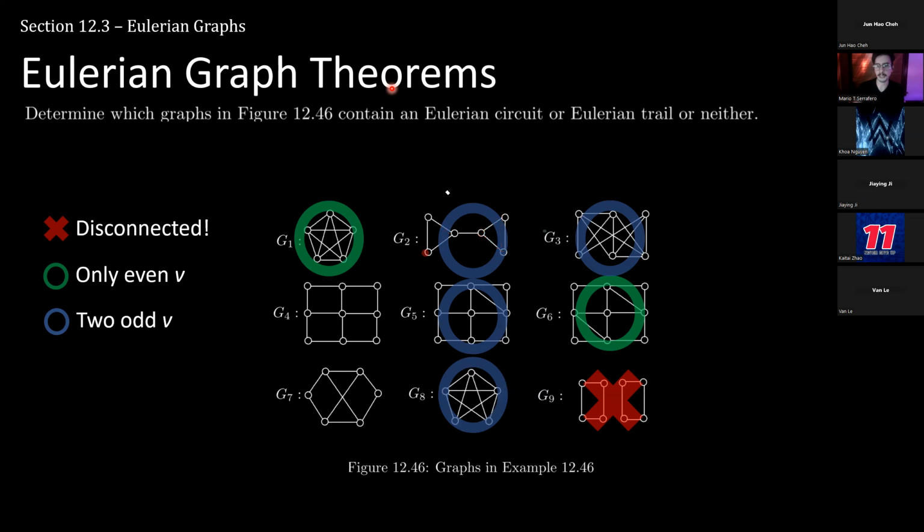Okay, and the same goes for the other ones. Each of them only has 2 vertices with odd degree. Here's one, and here's the other for this one. And for G8, it is this one and this one. Notice that there's no connection here.